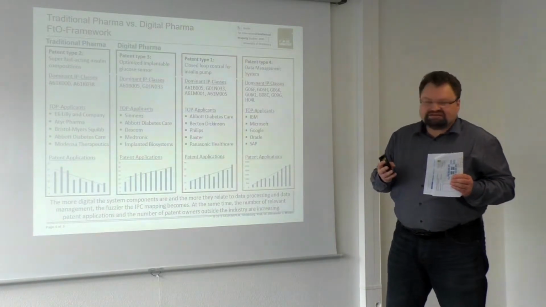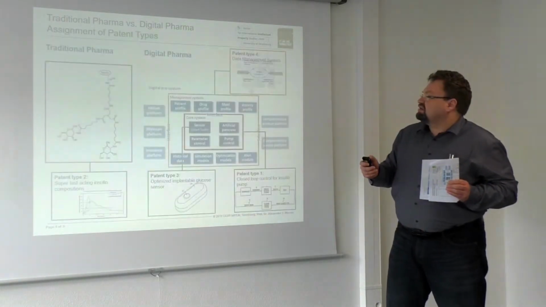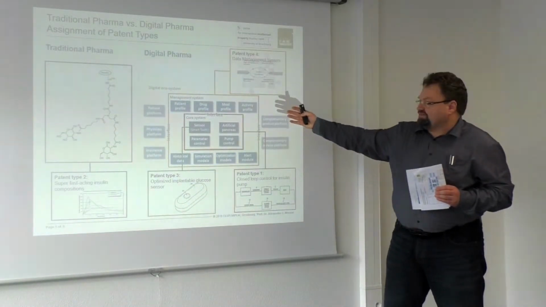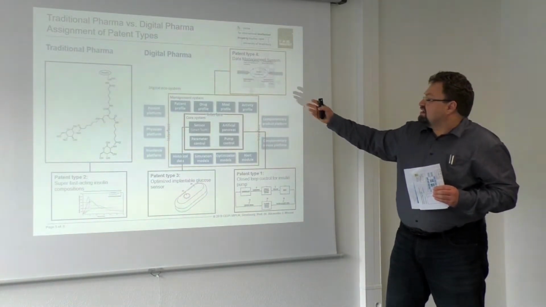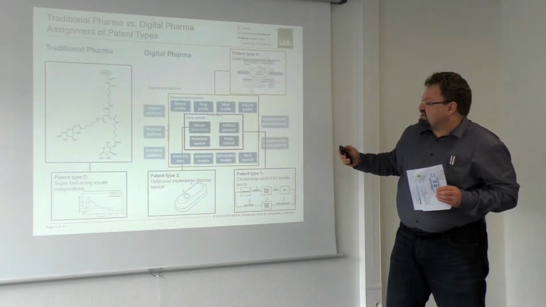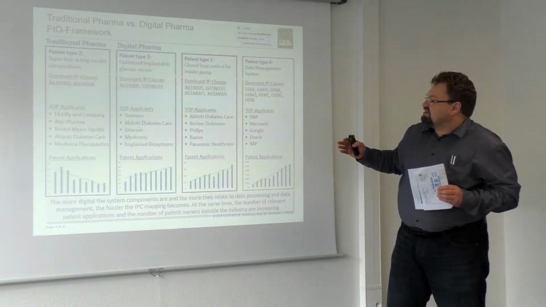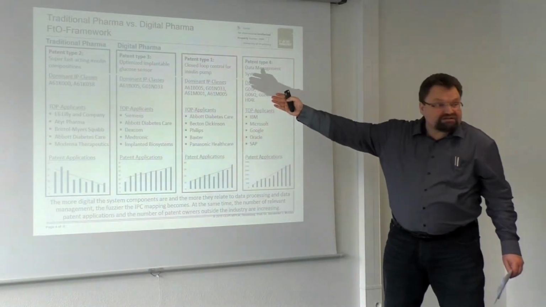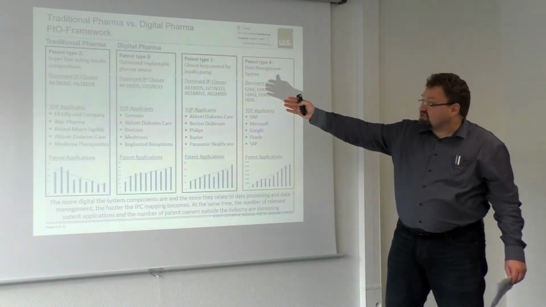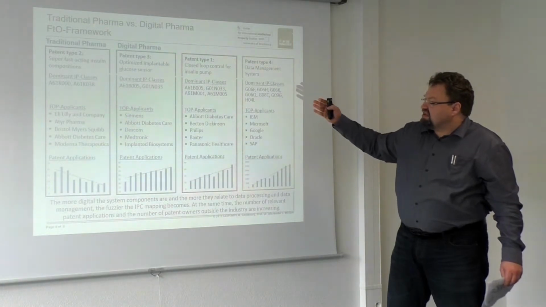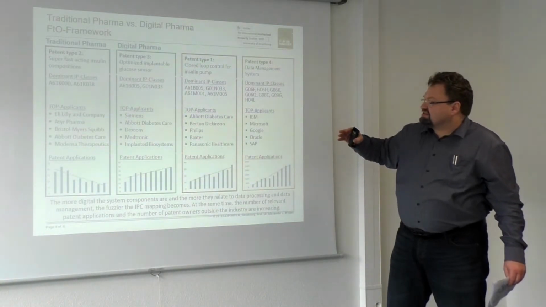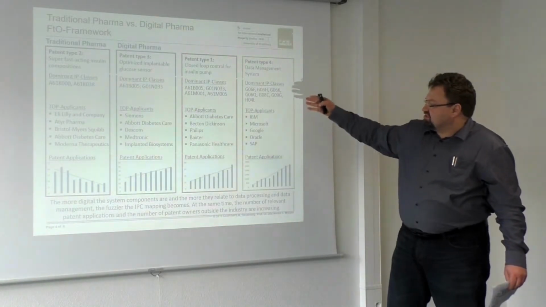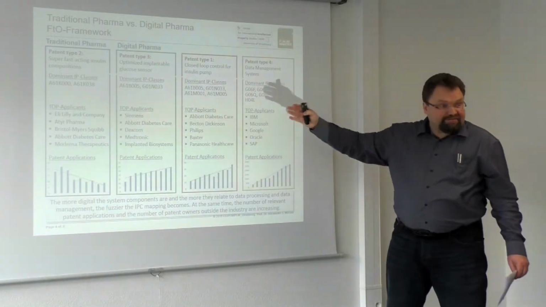The more important things are in the area of digital pharma. So what we can also distinguish is that we have differences in the classes of IP which are assigned to the different types. We can also see that we have differences when we look at these different types in the applicants.